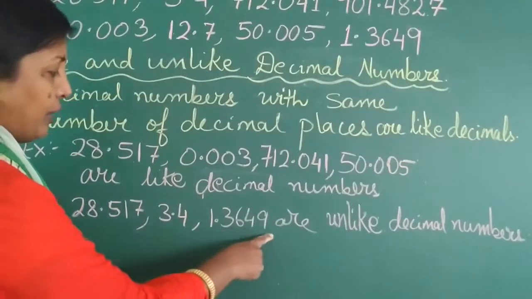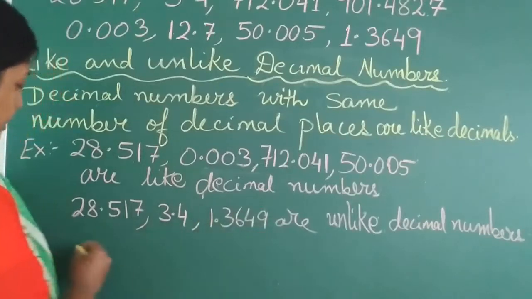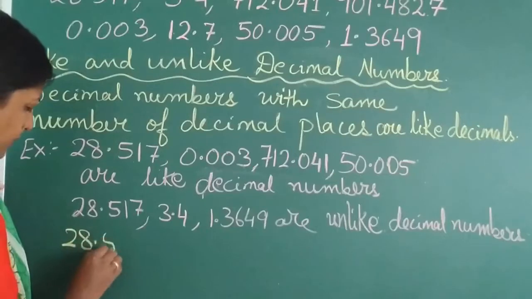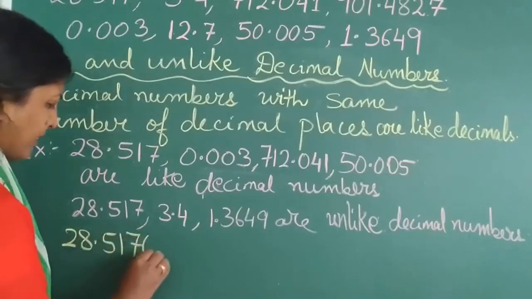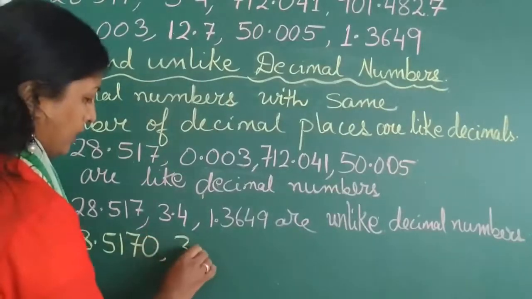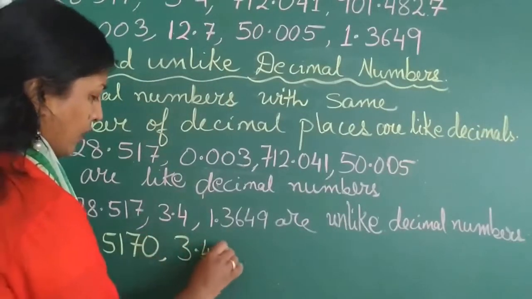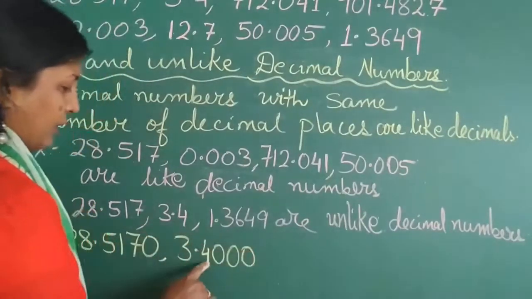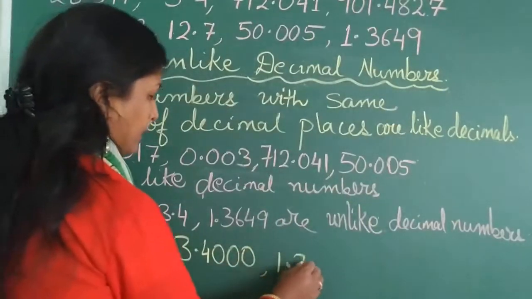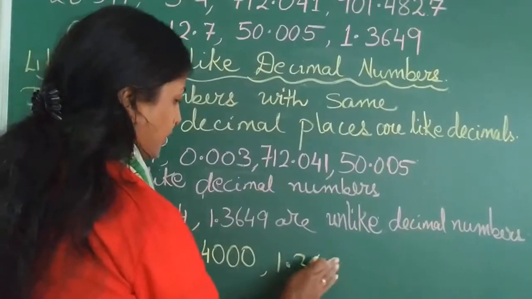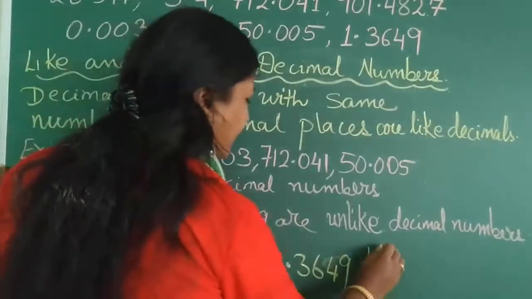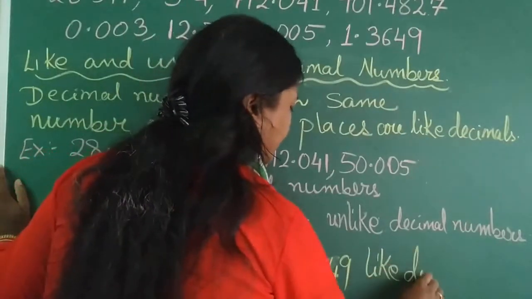So 1, 2, 3, 4, this is the maximum decimal places. So what you will do is you add a 0 to make it 4 decimal place. Here 3.4, 1, 2, 3. Now it is 4 decimal place and this remains 1.3649. So now they are like decimal numbers.